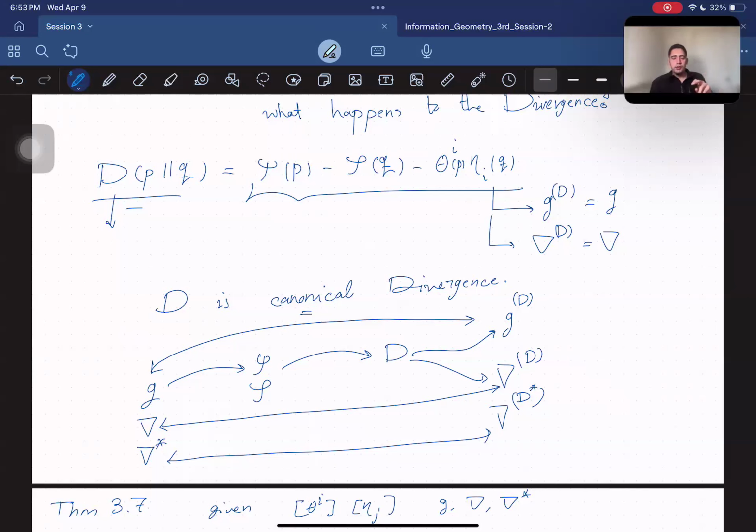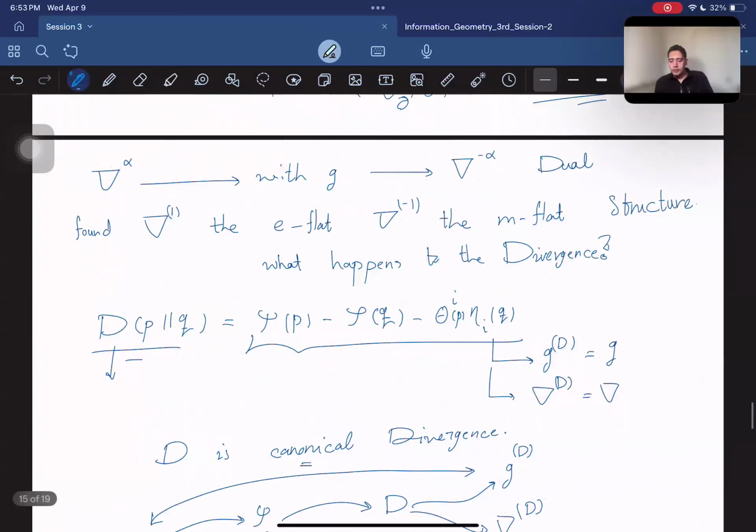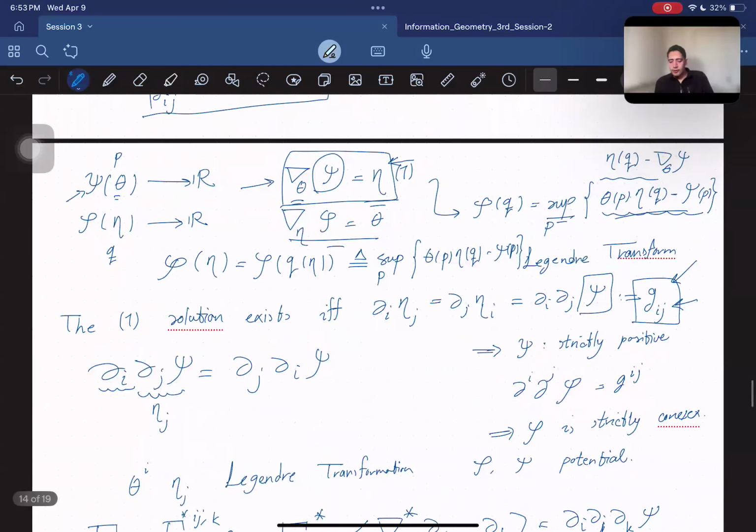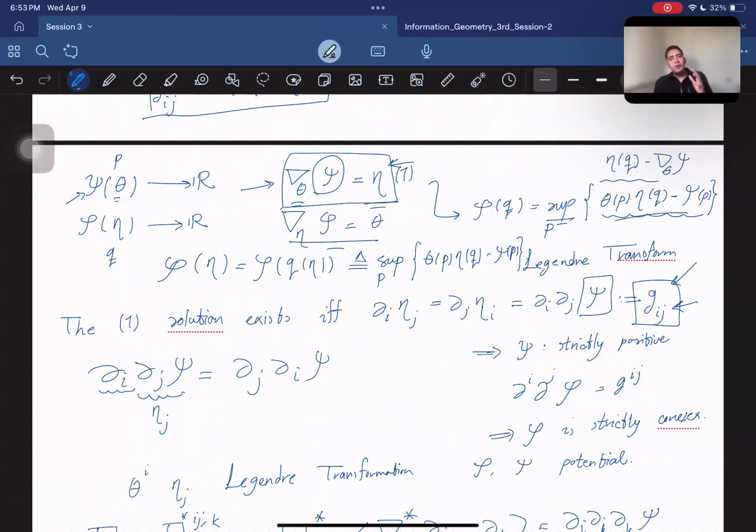We called the function phi the dual of psi here in any optimization course. We now saw that the induced affine connection of phi would give you the dual of the induced affine connection of psi. So this is the whole puzzle that we have.